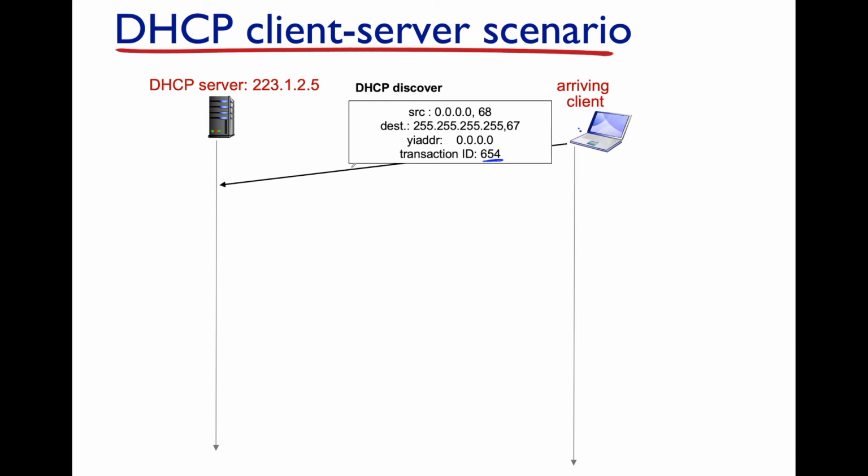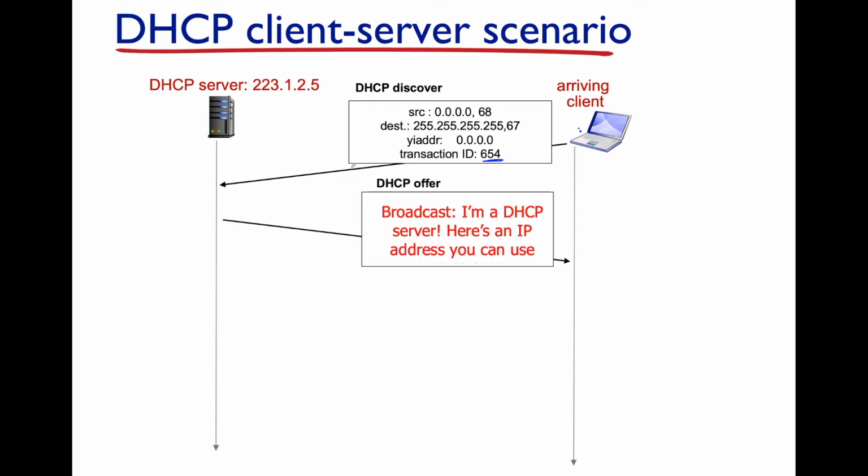So then what happens, the DHCP server gets it, and it sends back via broadcast, I'm a DHCP server, and here's an address that's free and available that you can use. No one else is using this. And so this DHCP server is managing a block or range of addresses, and it says, okay, there are no leases, no reservations on this one. I'm going to offer it to you. Here's an IP address you can use.